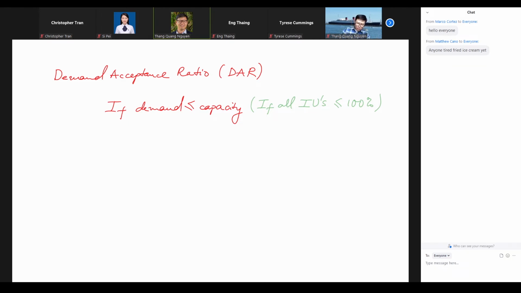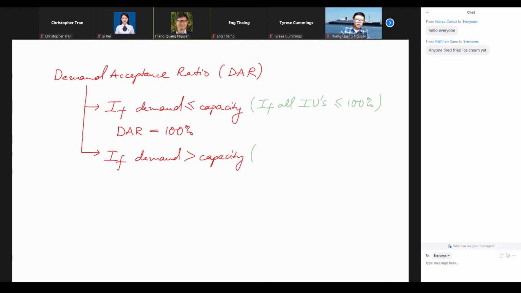So in that case, the DAR is 100%. We accept 100% of all orders. That's what it means, right? But in the second scenario, if demand exceeds capacity, what does that mean?